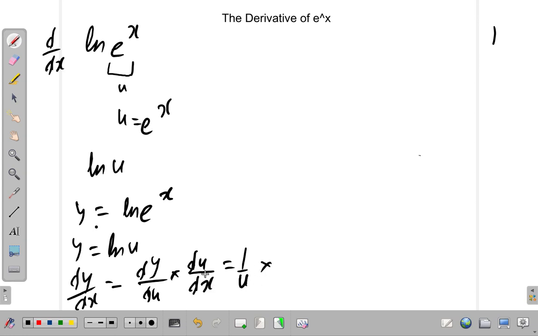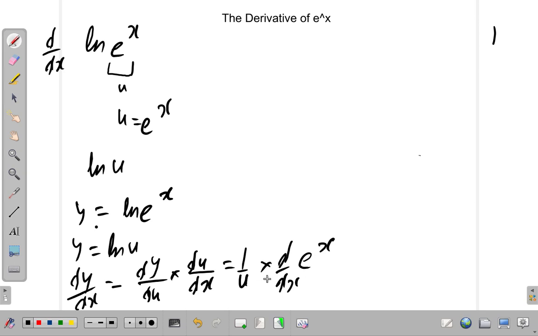Times, what is du by dx now? U is e to the x, right? Now, we don't really know what it is. So let's just write du by dx is d by dx of e to the x.